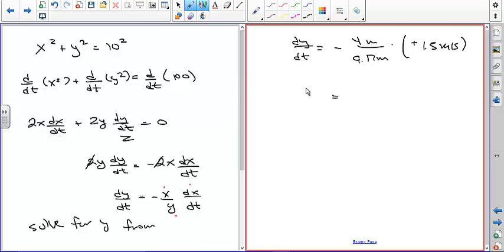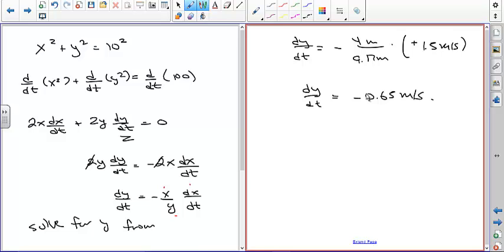And so dy dt is negative 0.65 meters per second. So, we have negative, which makes sense because y is getting smaller. As the top of the ladder slides down the side of the building, y is getting smaller, therefore dy dt should be negative. And that's what happens with these ladder problems.